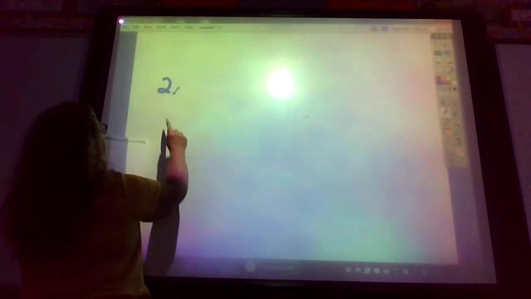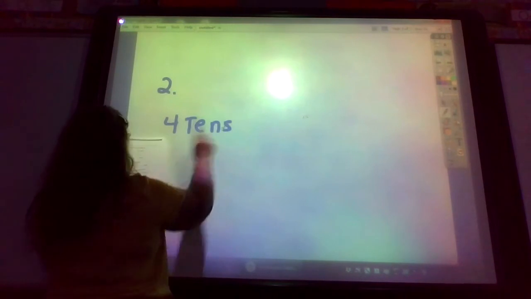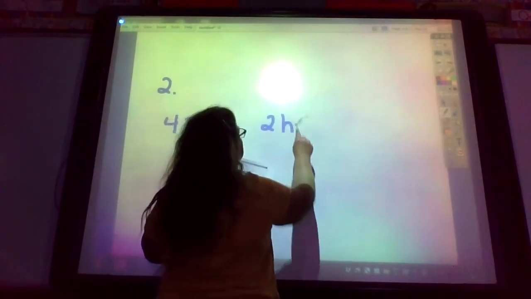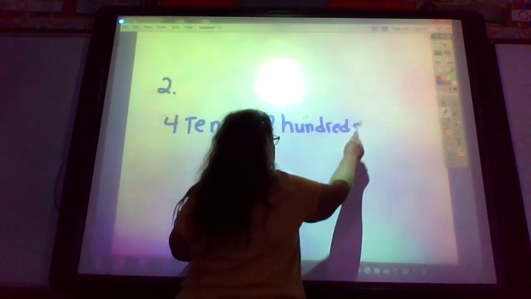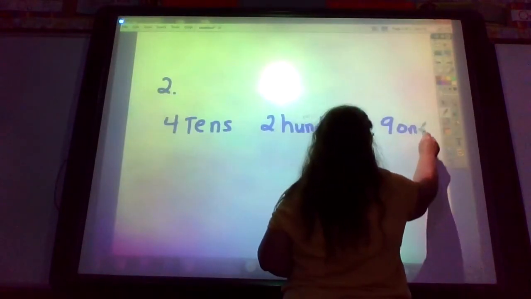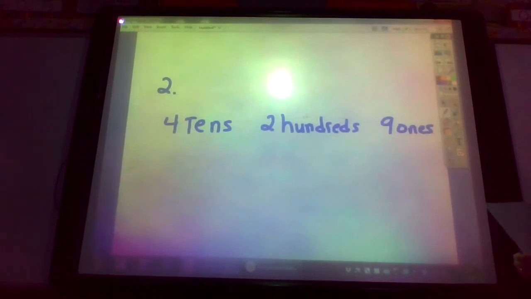Now, number 2 says we have 4 tens, we have 2 hundreds, and we have 9 ones. And the question says, circle the largest unit.